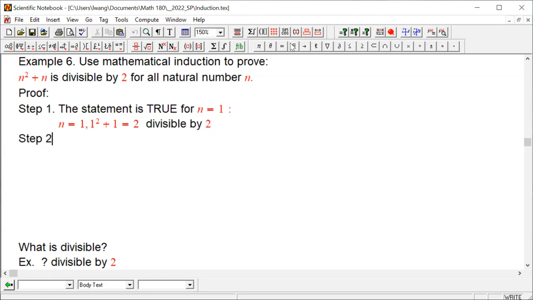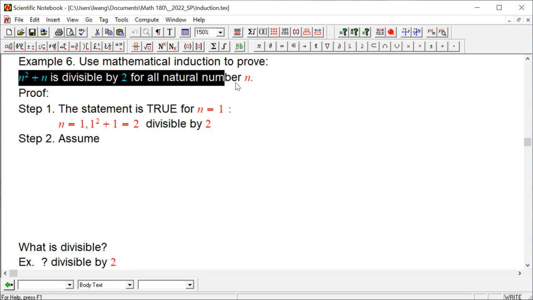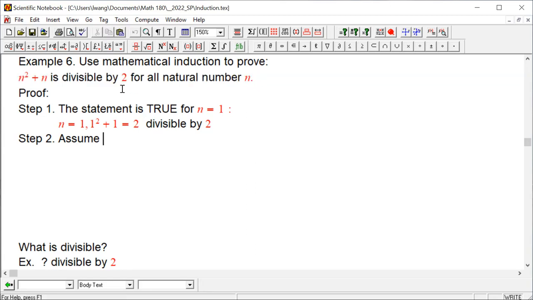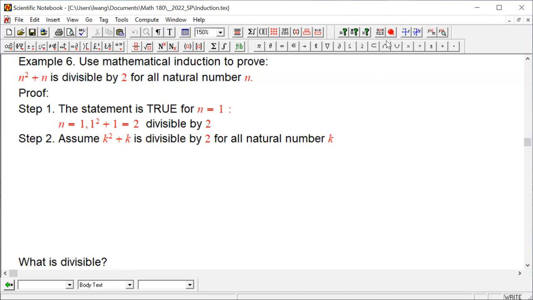Step 2, we're going to assume the statement is true for k. Assume this is true for k. And now we're going to prove that the statement is true for k plus 1.